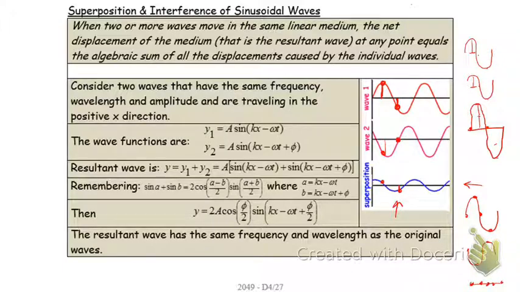So this is destructive interference. You have two waves there. The energy exists, but at that point in space, you see nothing. They are cancelling each other out. And you go to the other extreme where they're in phase and the amplitude doubles.